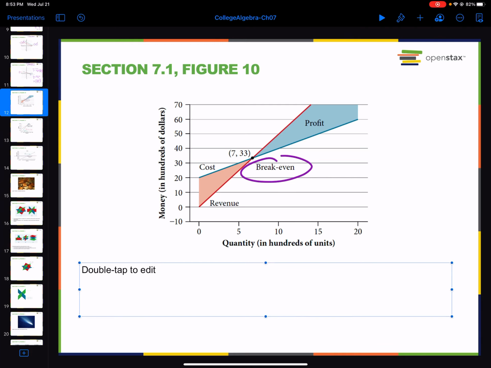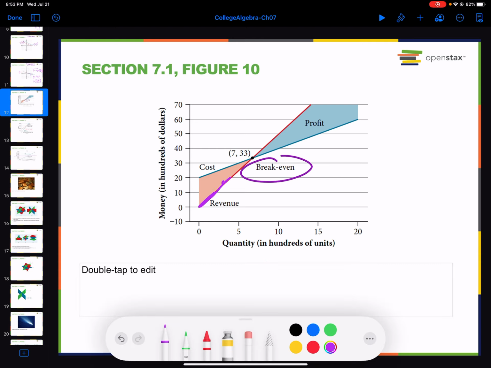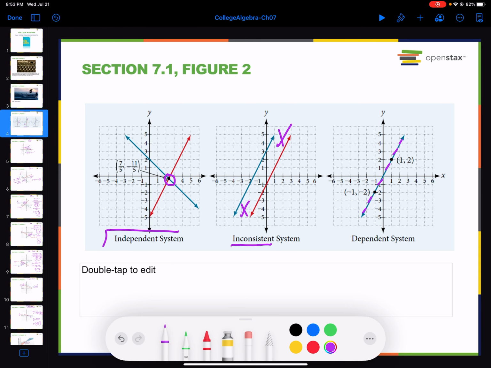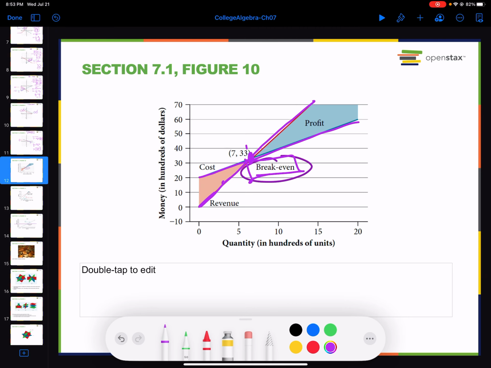So if this is your equation for your revenue, and this is your equation for your cost, you want to know when your cost and your revenue are equal to each other. So that's considered your break-even point. So in this example, we have our system that is independent. So it's meeting in one single location, and that location is called the break-even point.